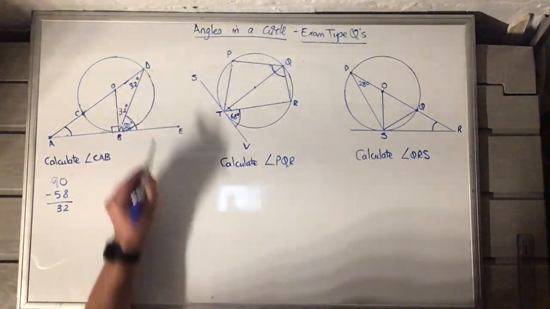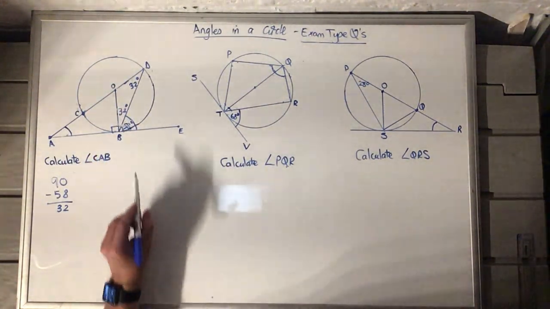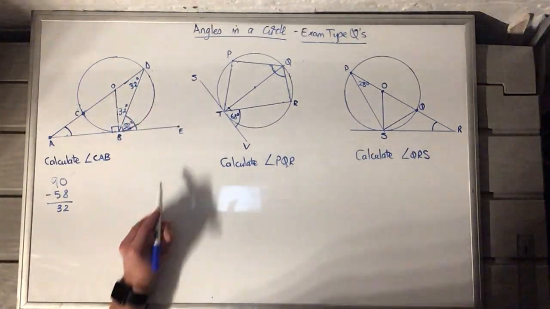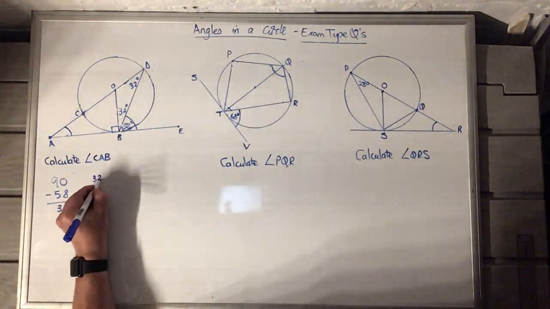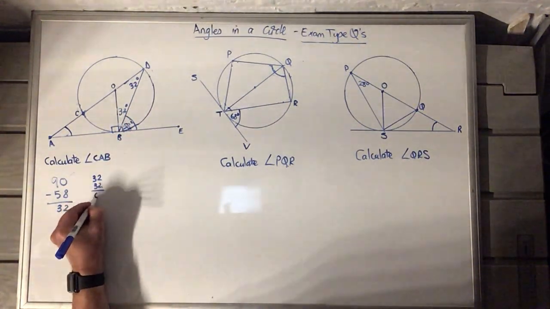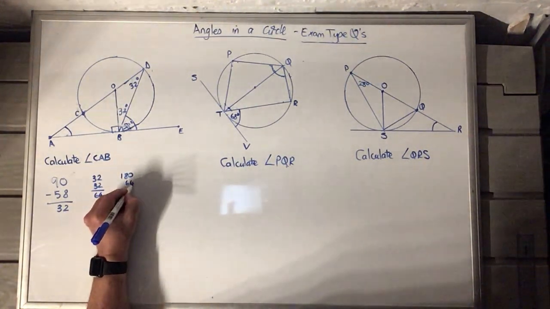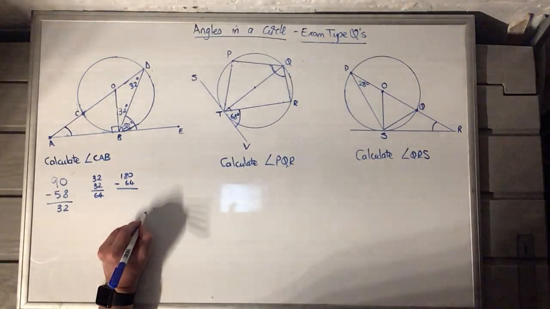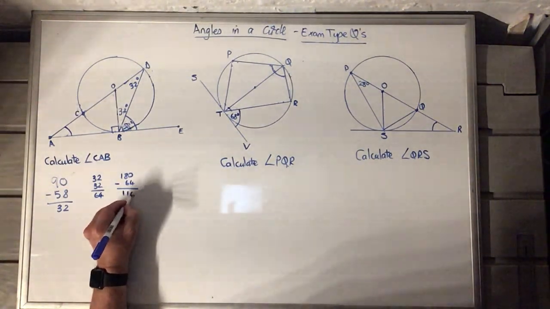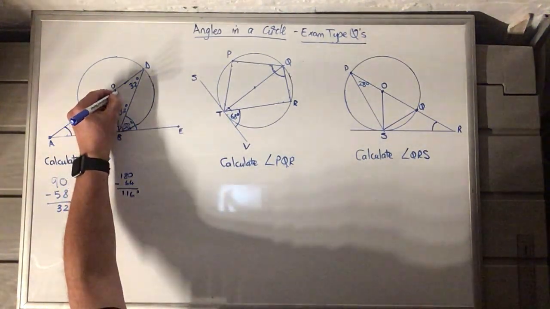And if we add these two up, from first year, angles in this triangle add up to 180. So 32 plus another 32, 64. Take that away from 180, and that gives me 116. So this angle in here must be 116.